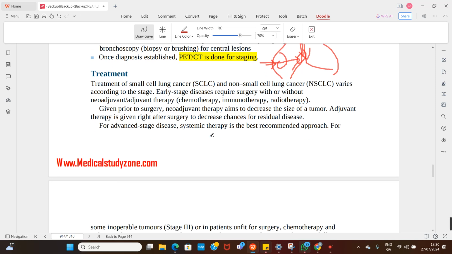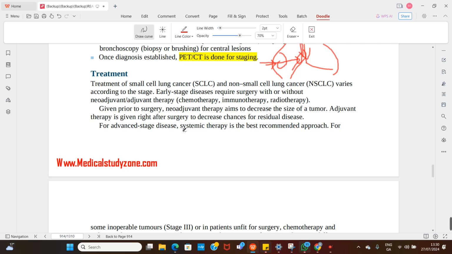How do you treat? Most of the time, if it's malignant, maybe they will give you small cell or squamous cell. But most of the time, what you want to do is just identify if it's metastatic or not. If it's metastatic, you have to do your chemotherapy with your radiotherapy.